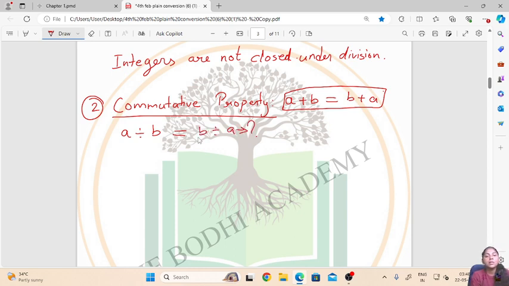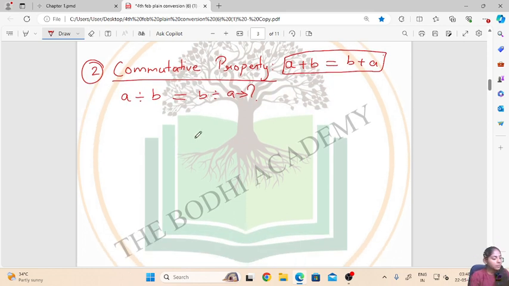So this is our question. We will take some examples. First one that we have is 4 divided by 2. Now this is our a and this is our b. So we will get the answer as 2. 2 2s are 4, which is an integer. Then let us change the places.